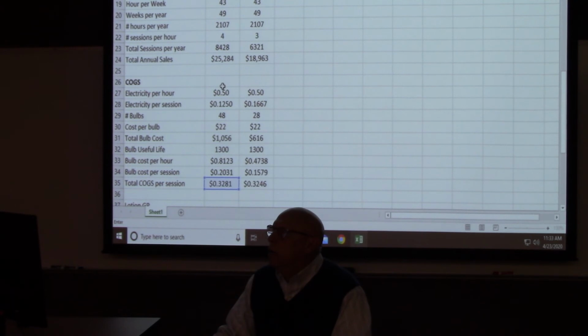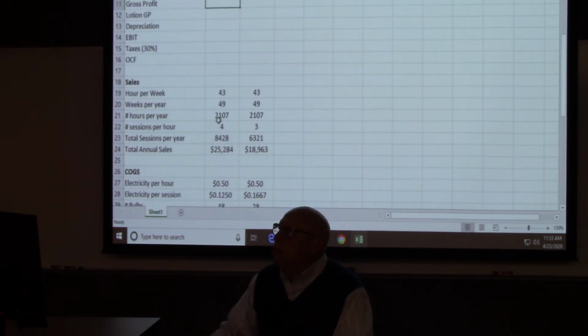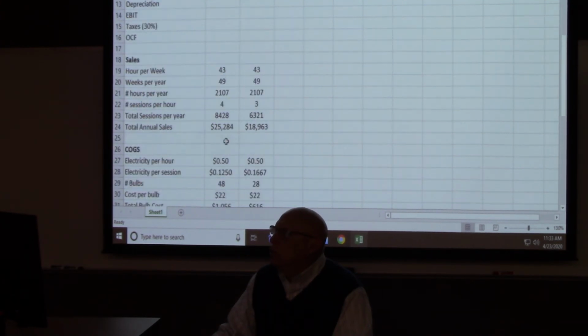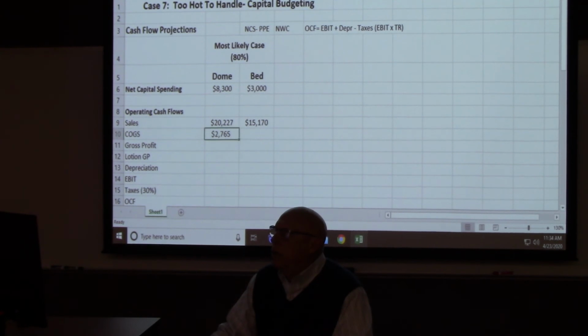And now, what is wrong with that? What is wrong with that is this assumes 100% of the sessions that could happen, but it's not going to happen that way.